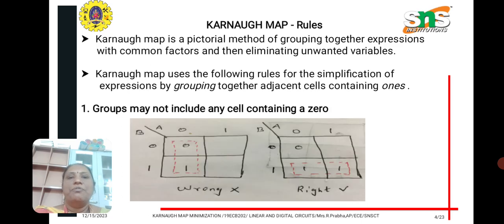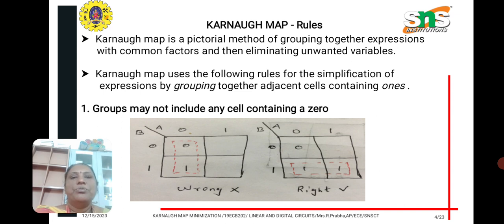So this Karnaugh map is a pictorial method of grouping together expressions with common factors and then eliminating unwanted variables. Karnaugh map uses the following rules which simplify the algebraic expressions by grouping together adjacent cells containing ones.